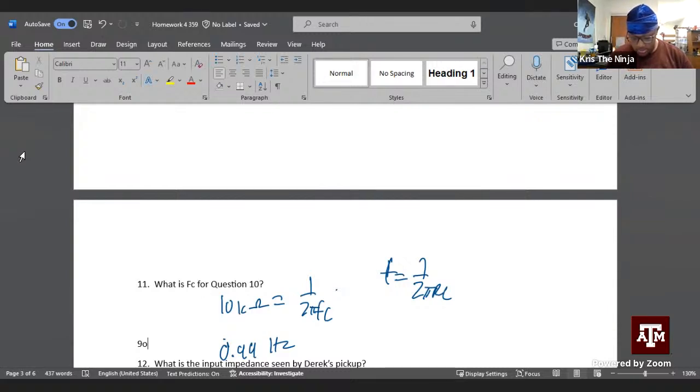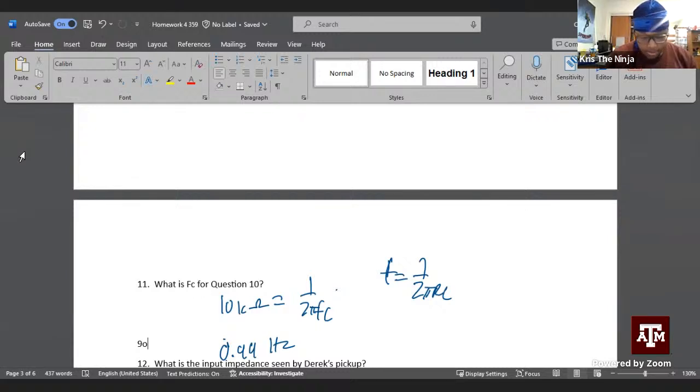You do 10K over that, then square it, plus 1, square root that. And then do one over that, you get a gain of like 0.99.